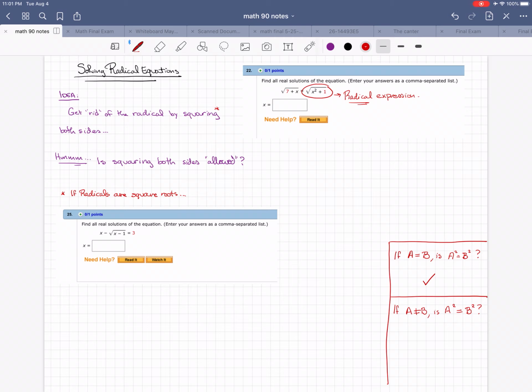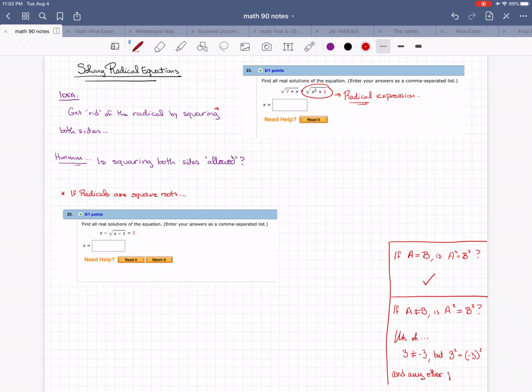And what I hope you're realizing is, wait a minute, any pair of opposites is going to have this problem. So 3 is not equal to negative 3, but 3 squared is equal to negative 3 squared, for example. And any other pair of opposites is going to have the same problem.